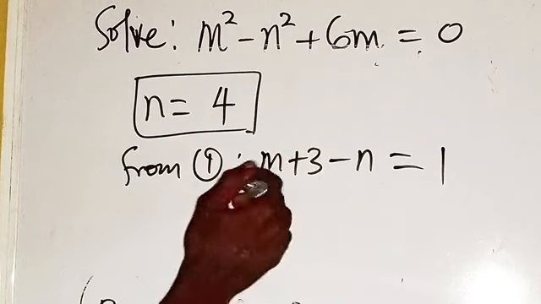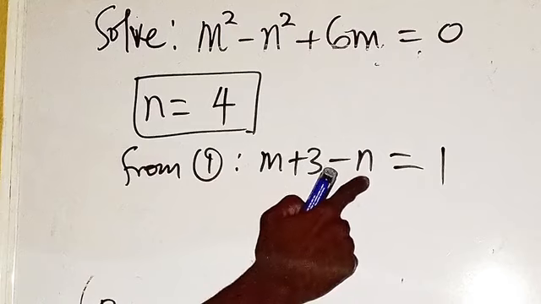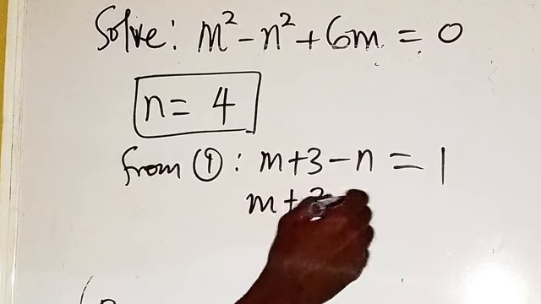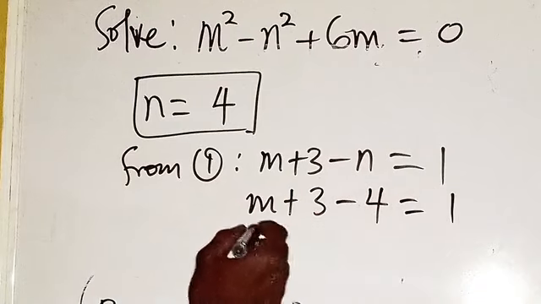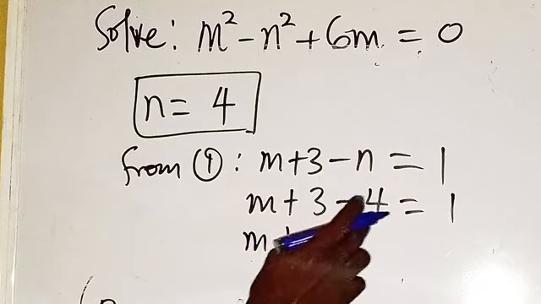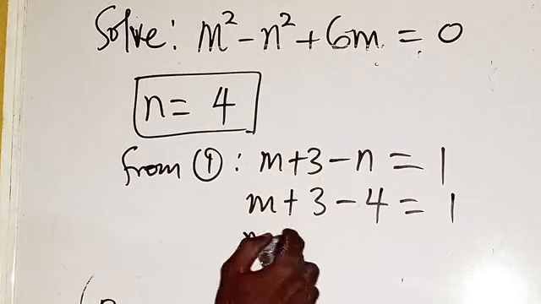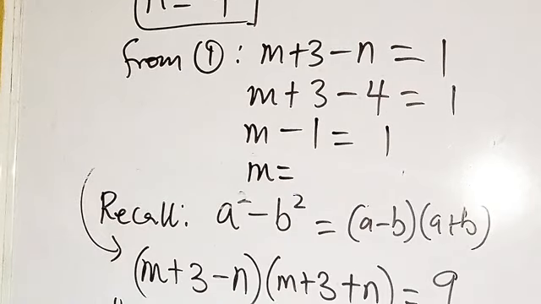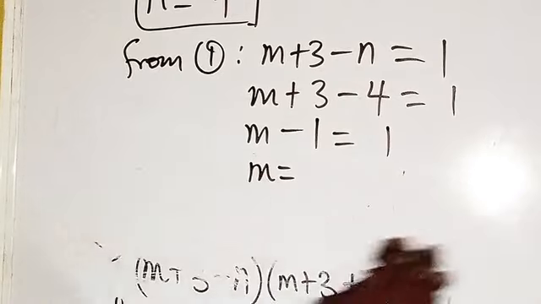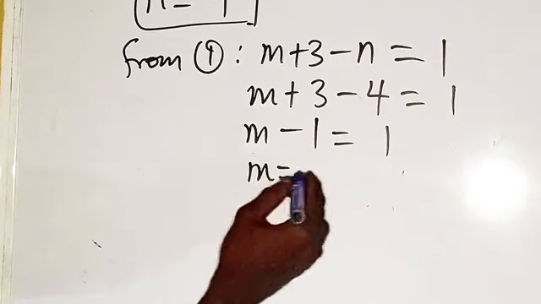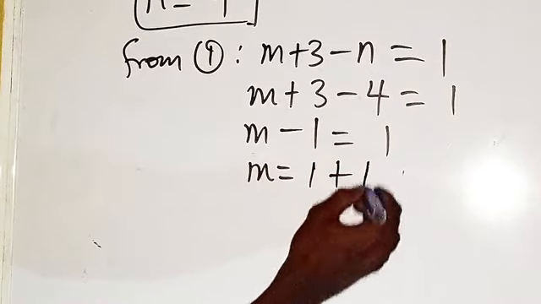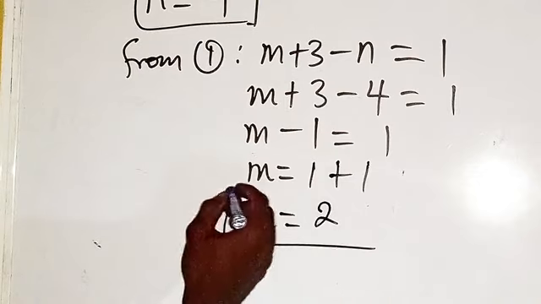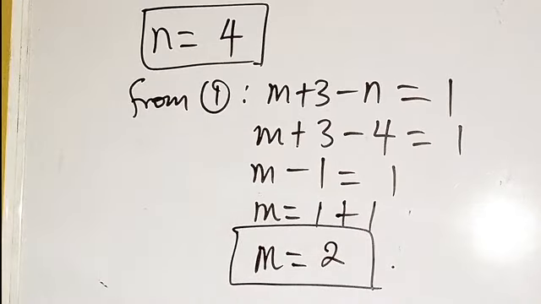Since n is 4, we have m plus 3 minus 4 equals 1. Then m plus 3 minus 4 gives m minus 1 equals 1. I will transpose this negative 1 to the right hand side, and it changes to positive. We have m to be 1 plus 1, that is 2. So you can see that m is 2 and n is 4.